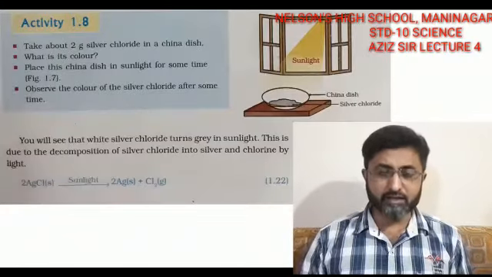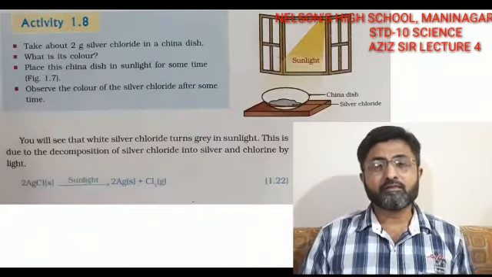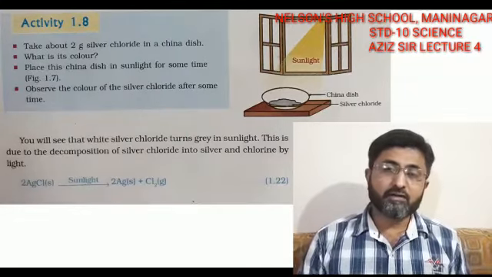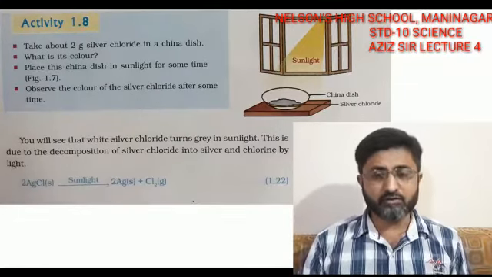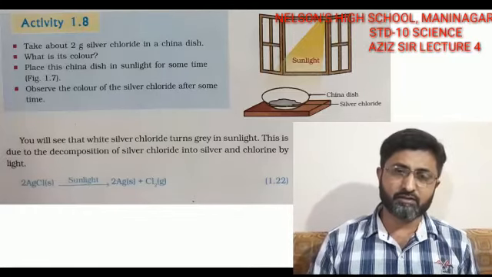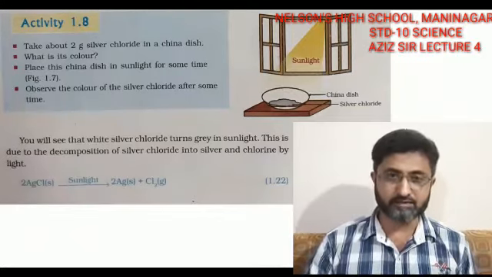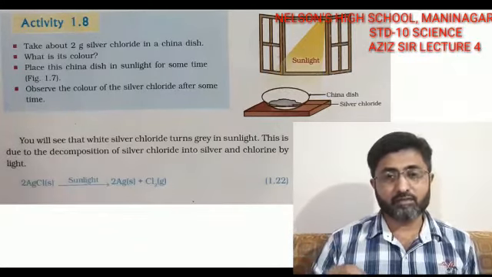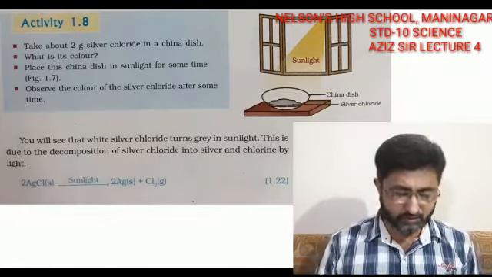The other activity is 1.8, which is decomposition by light. For decomposition by light, we take silver chloride decomposition in the presence of light, which is called a photochemical reaction. That is, in decomposition reactions we will say photochemical decomposition reaction.